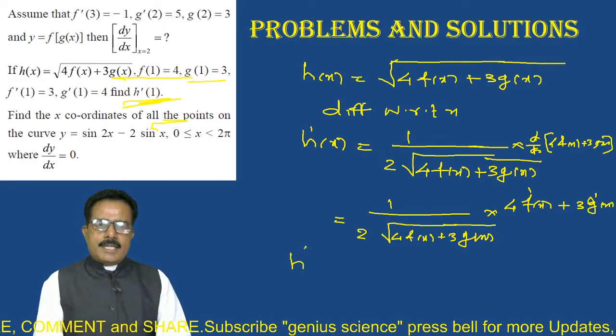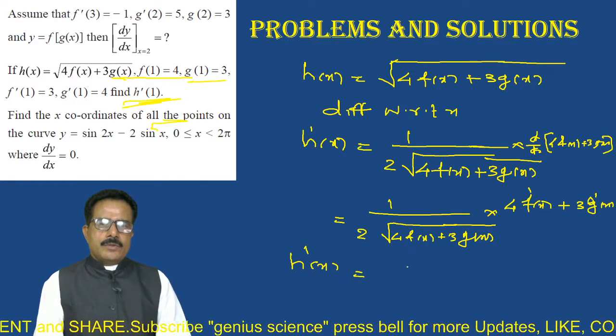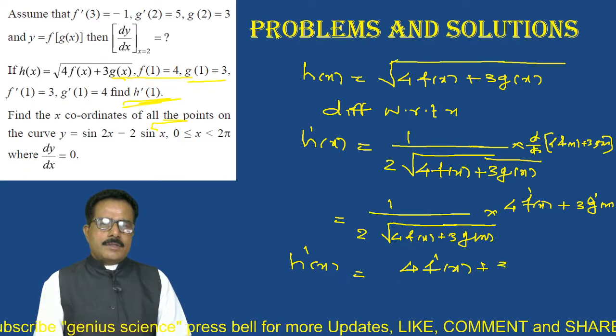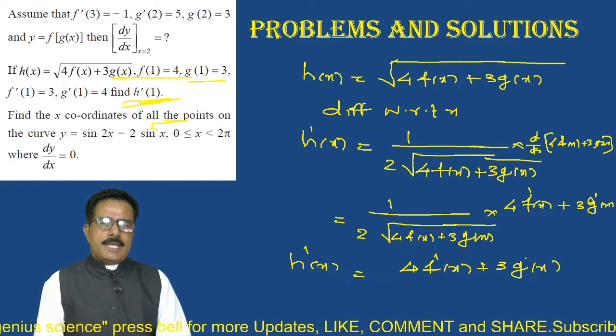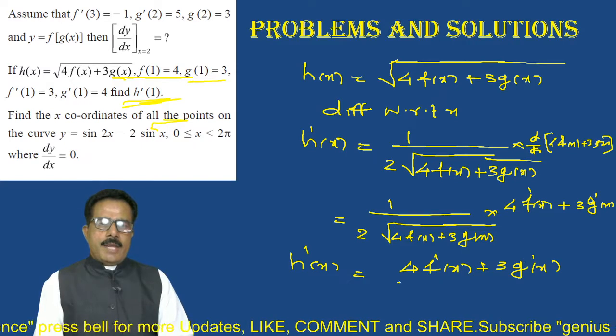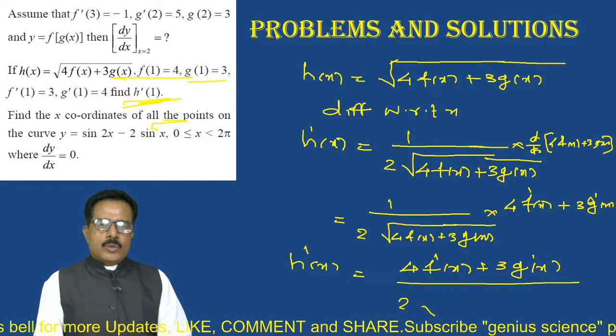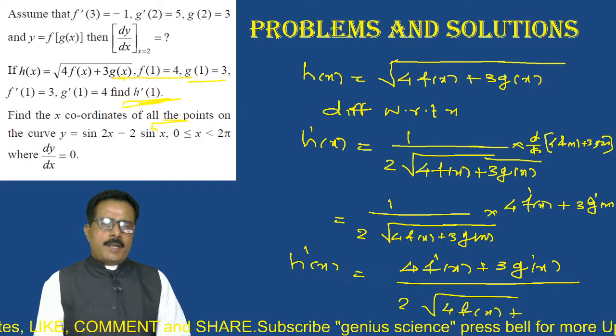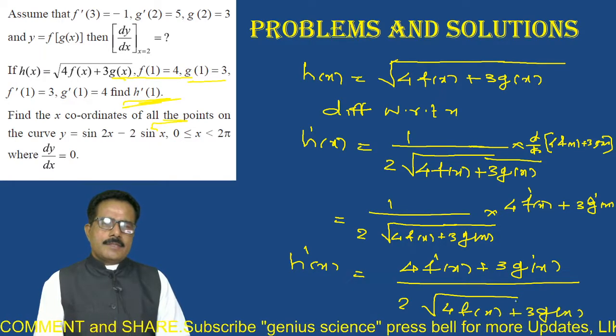Therefore, the final answer: h dash of x equals 4 into f dash of x plus 3 into g dash of x divided by 2 root 4 into f of x plus 3 into g of x.